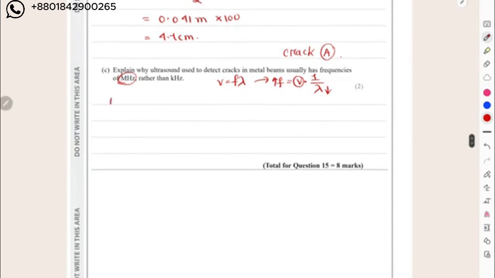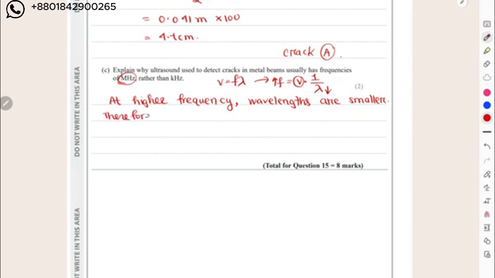So we'll write that at higher frequency, wavelengths are smaller, therefore less chances of diffraction and a greater level of detailed reflected waves are possible.